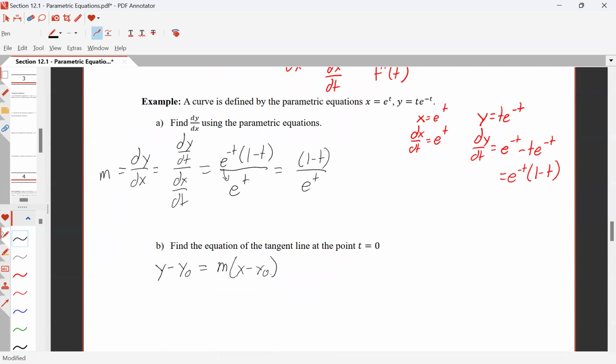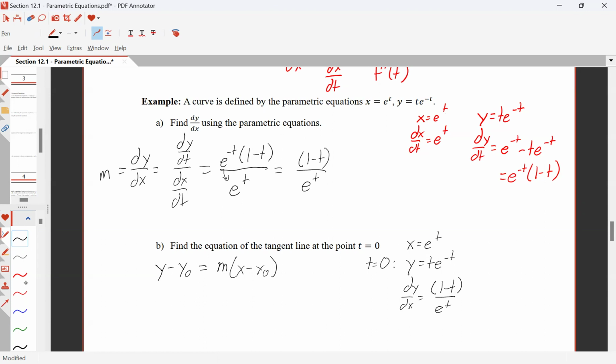We want to plug in t equals 0 into x, which is e^t, y, which is t e^(-t), and into dy/dx, which is (1 minus t) over e^t.